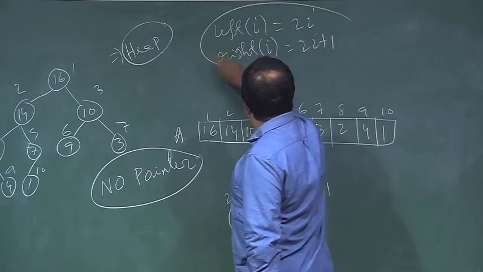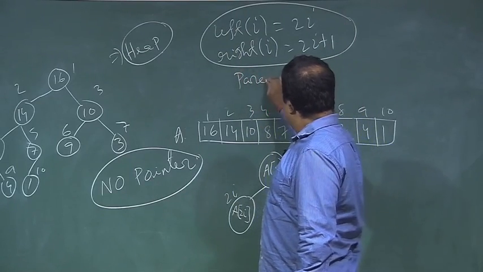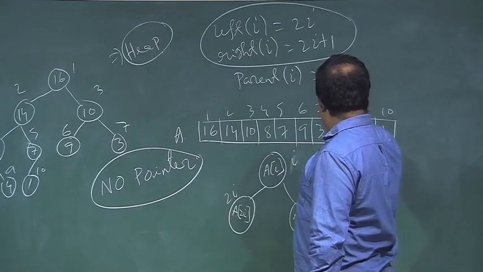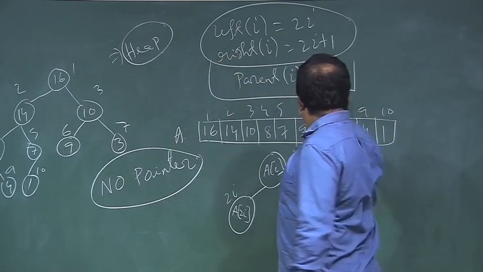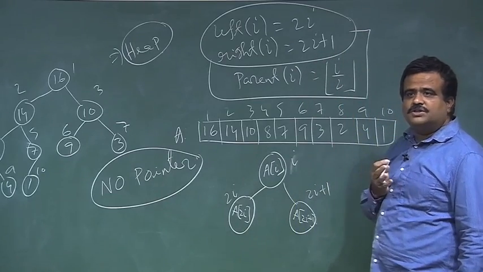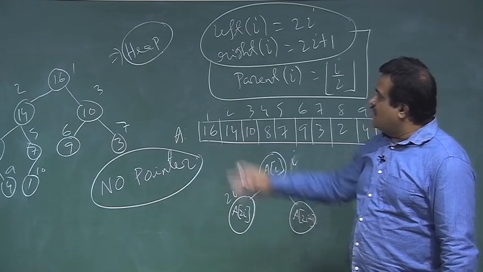This formula will give us the tree, and the parent of I is basically I by 2. By using this formula we will just view this as a tree. Okay. So this is called a heap.